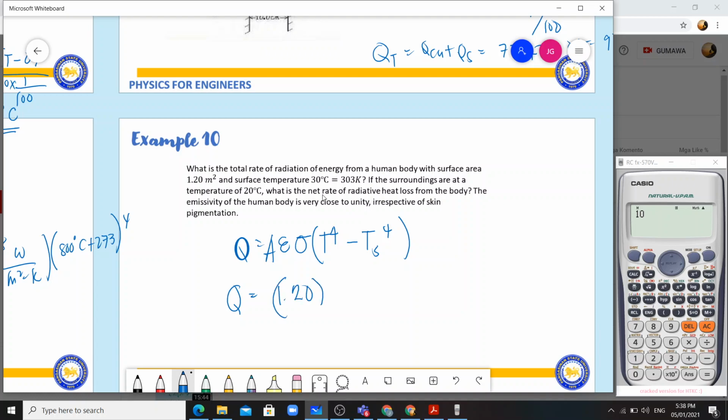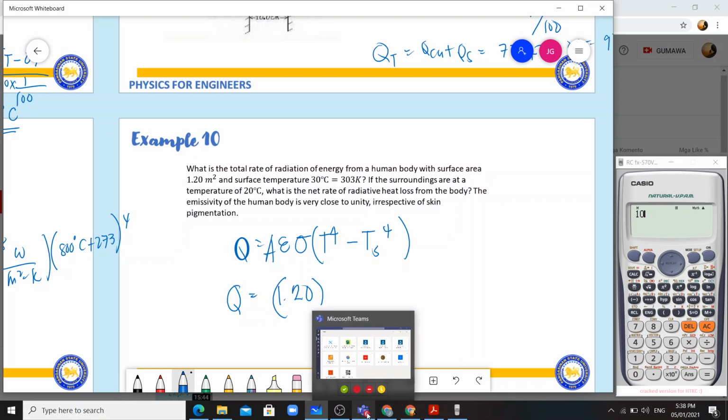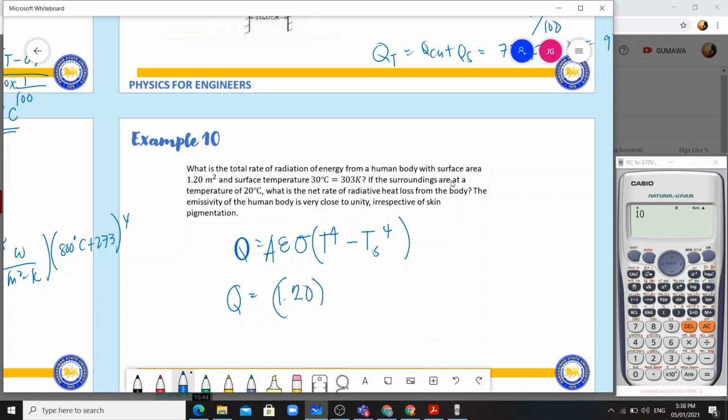Ang emissivity ng human is unity. So, 1. And then, Stefan-Boltzmann, 5.67 times 10 raised to negative 8. T is 303 raised to 4 minus 20 plus 273. Kailangan guys naka-Kelvin.